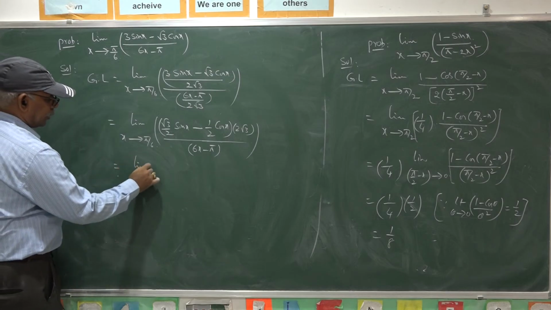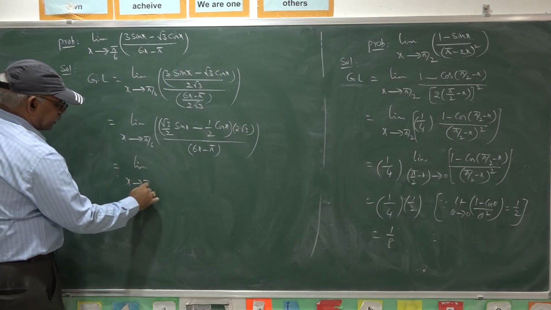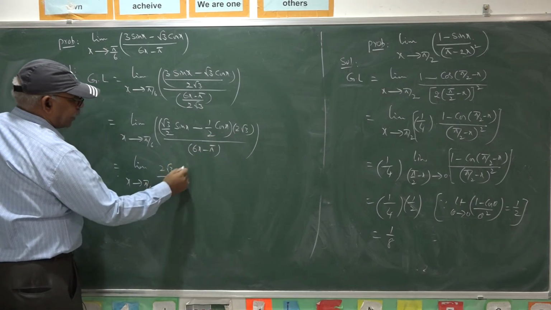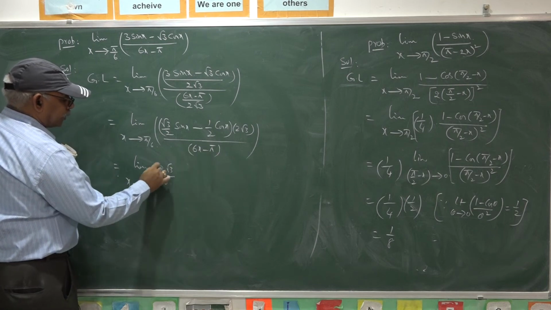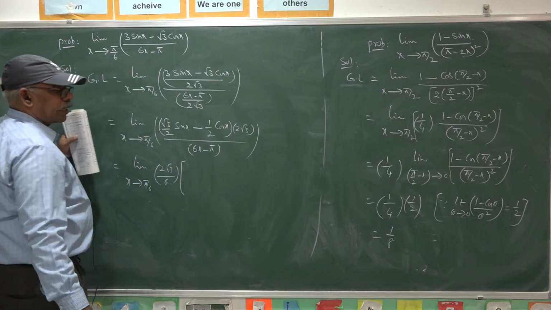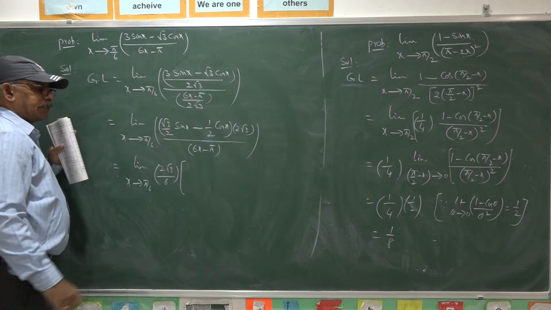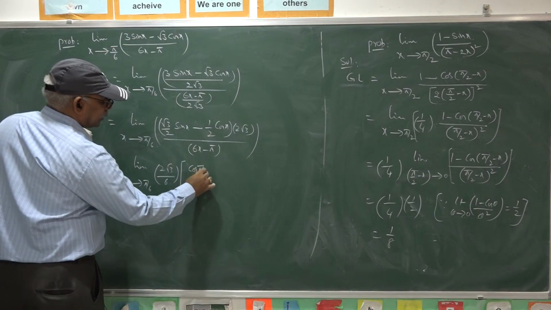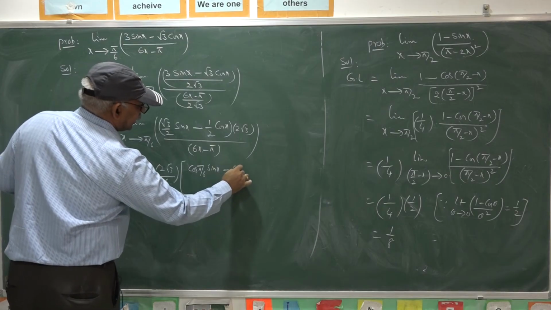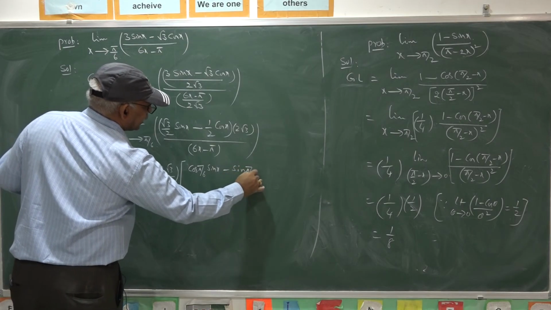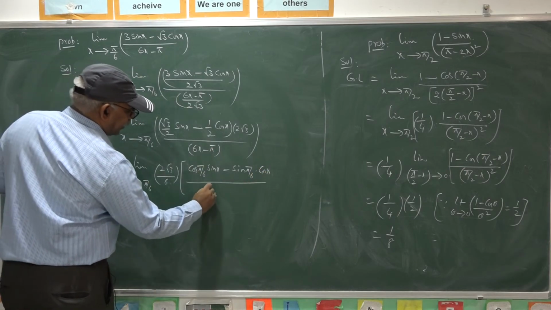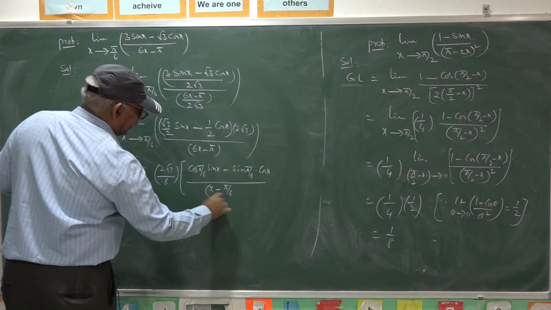This is limit as x goes to pi by 6. Consider this 2 root 3. Take 6 as common in the denominator and write the remaining function. This one as cos pi by 6 sin x, 1 by 2 as sin pi by 6 into cos x, by, once you take 6 as common, we get x minus pi by 6.